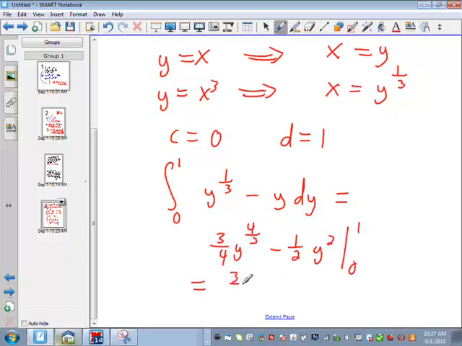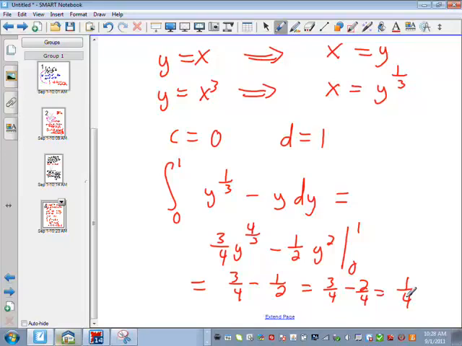That equals 3/4 minus 1/2, which is 3/4 minus 2/4, 1/4. I'll take questions about what I'm asking. By the fundamental theorem of calculus, you find the antiderivative, and then you plug in 1 and 0 and subtract. Plug in 1, it's 3/4 minus 1/2. Plug in 0, you get nothing.